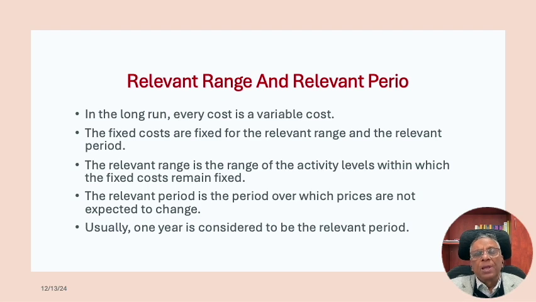Supervisors were the same, but the price has changed. Usually we consider a 1 year period as the relevant period. Therefore, in our management accounting models, we shall assume that fixed cost doesn't change in the short period, but in the long run they may change. Therefore, we often say that in the long run all costs are variable cost.